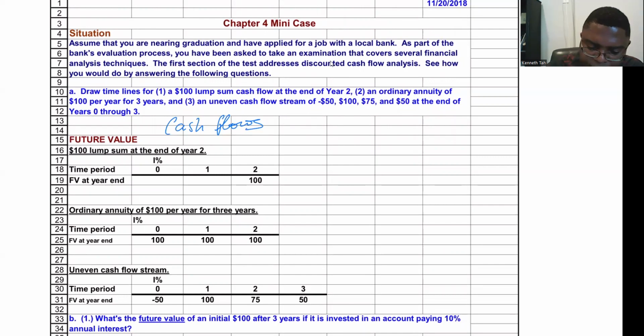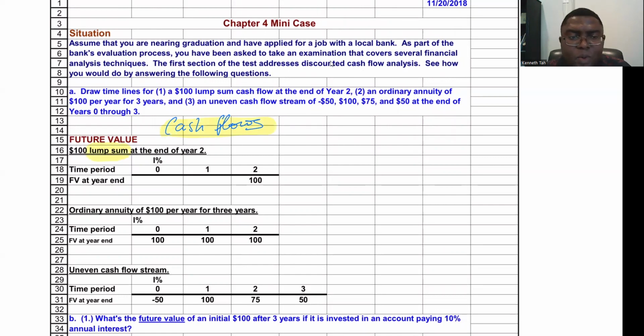The first kind of cash flow that I want us to talk about is what we call the lump sum, which is one amount of money, just one. If I expect to receive $5,000 in 3 years, and that is it, that is a lump sum.